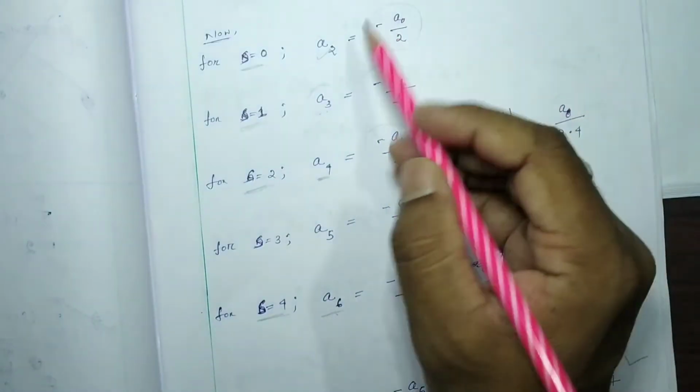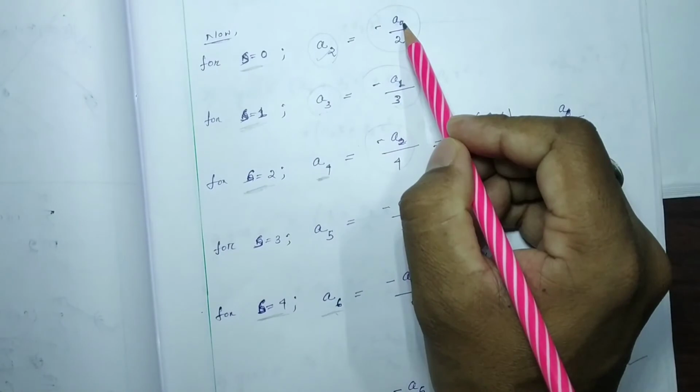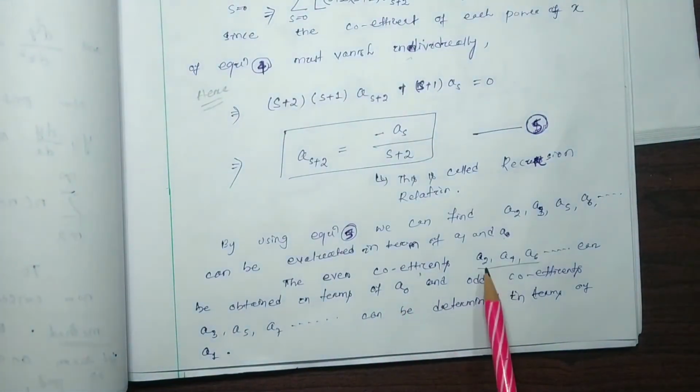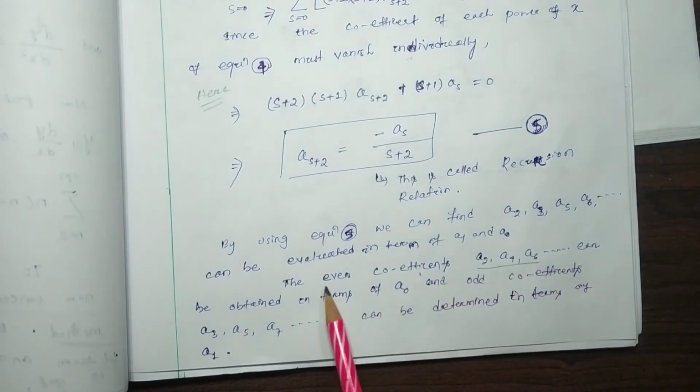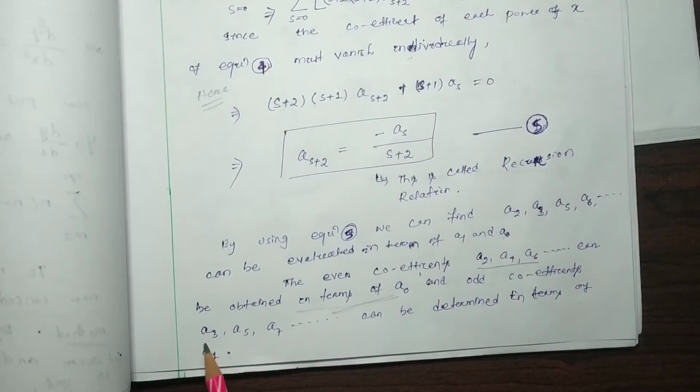The evens, that means a2, are connected with a0. Here I told you that a2, a4, a6, that means even coefficients, will be obtained in terms of a0. Likewise odd coefficients in terms of a1.